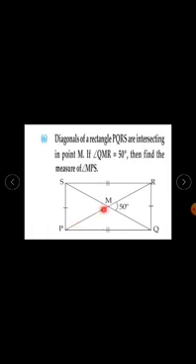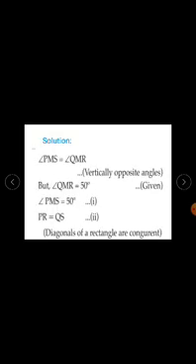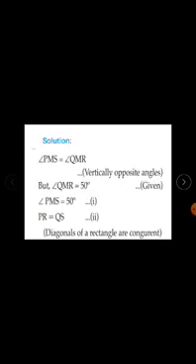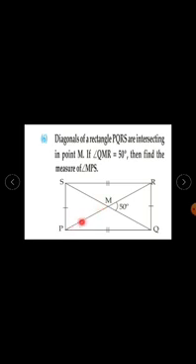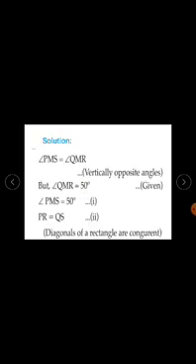So PR equal to QS, this is your second equation. Now PM is half of PR and SM is half of QS because diagonals of a rectangle bisect each other.